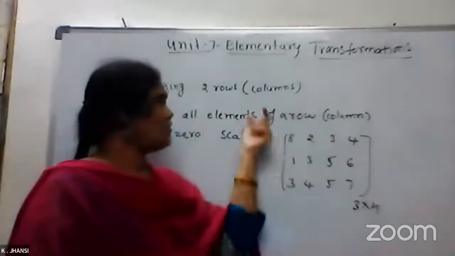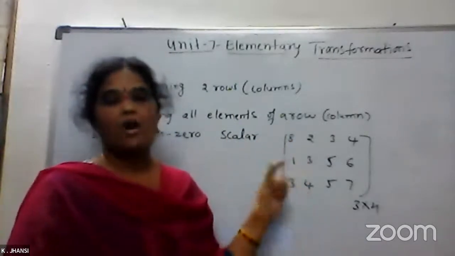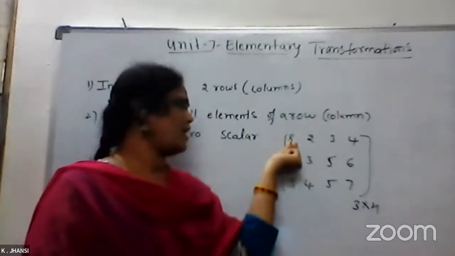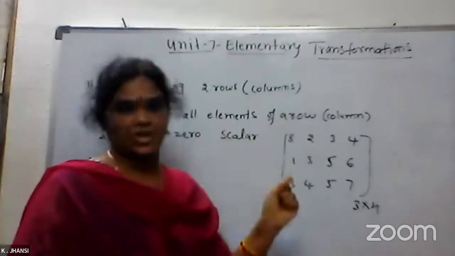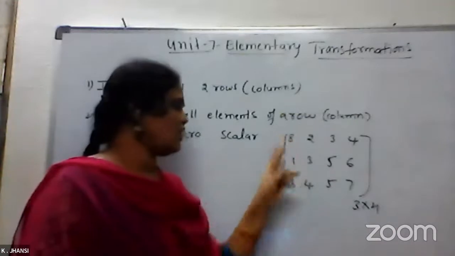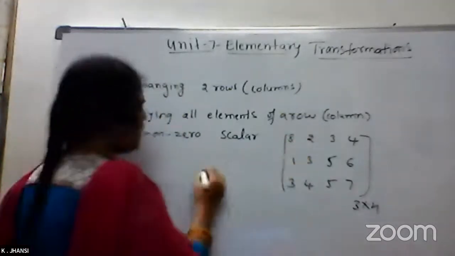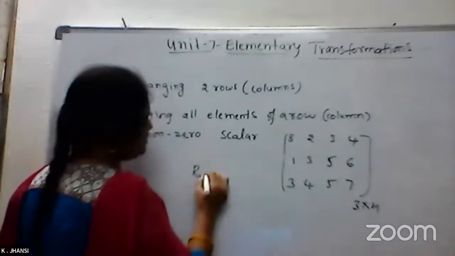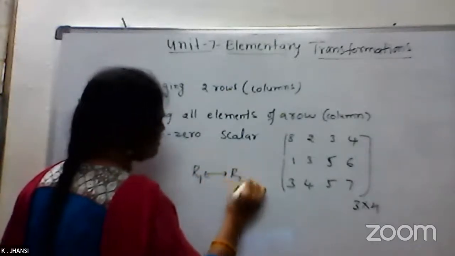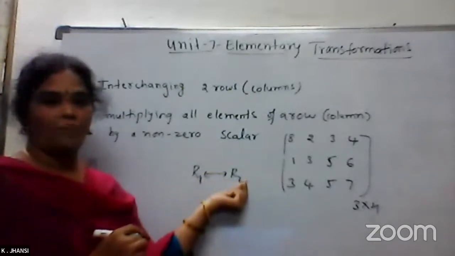But when you are converting the matrix to echelon form or normal form, whatever element is there in the first row, first element, it should be 1. So to convert that, you can interchange this row as this one. Then if you write here, you will write it as R1 as R2.